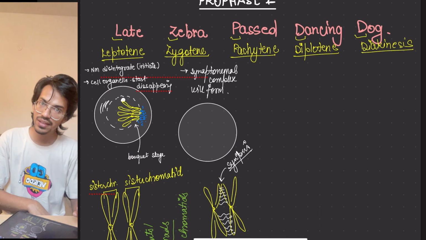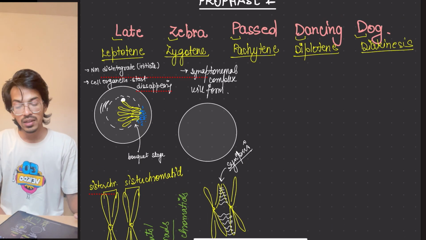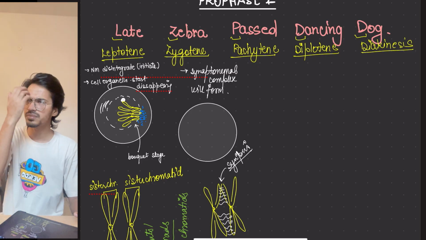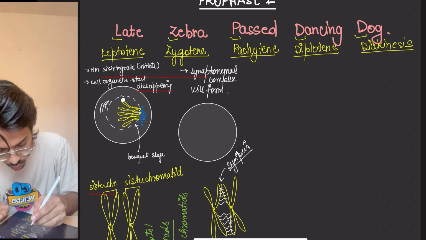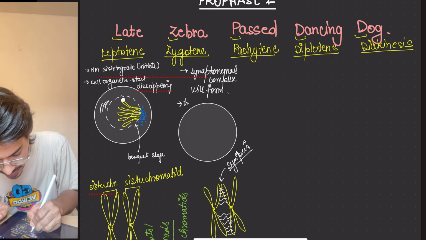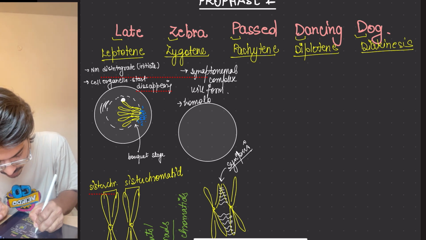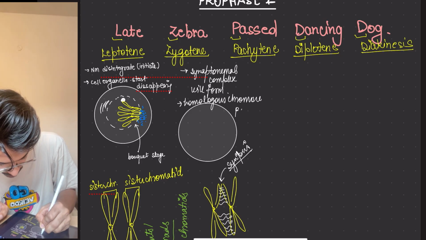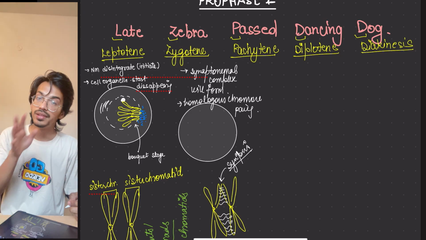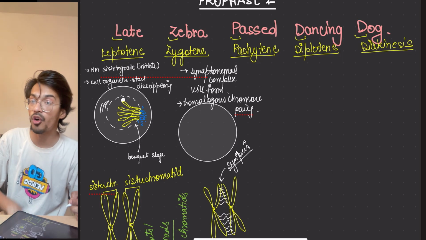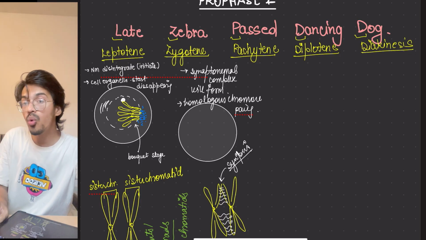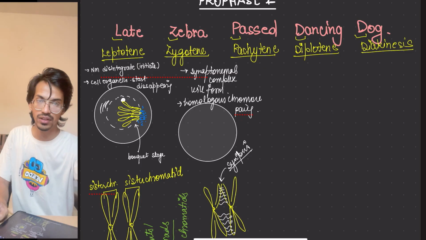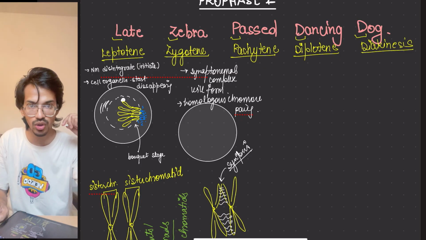Homologous chromosome pairing occurs. This synaptonemal complex is felt and seen better under the microscope during pachytene. You have to remember this.